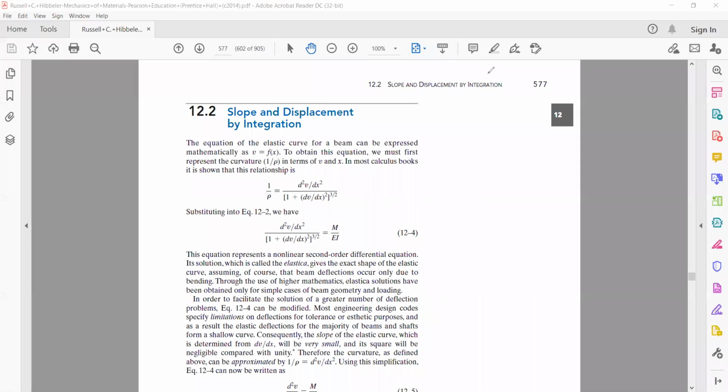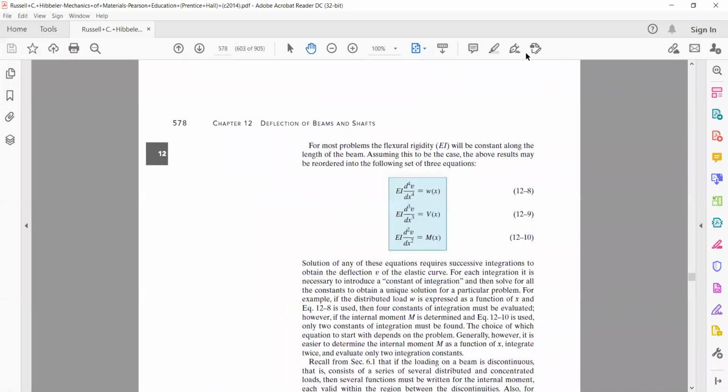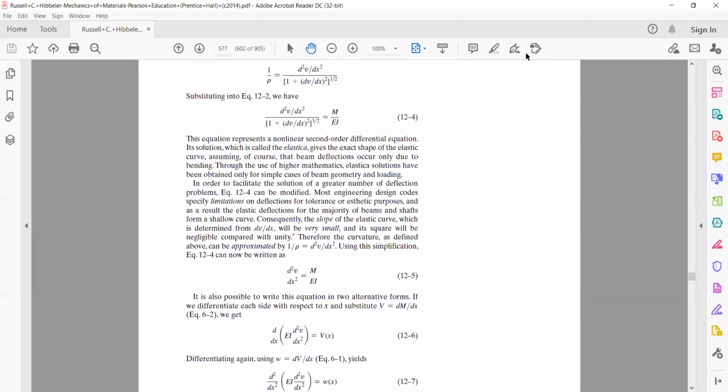One important thing from here is some important formulas that we should keep in mind while solving problems involving beam deflection. That is, we write EI d2 nu by dx2 is equal to M. But we know from the previous class that the shear force in the beam is equal to dM by dx.